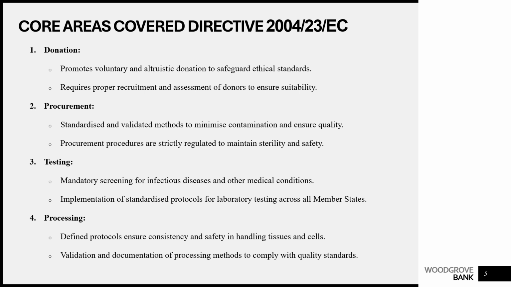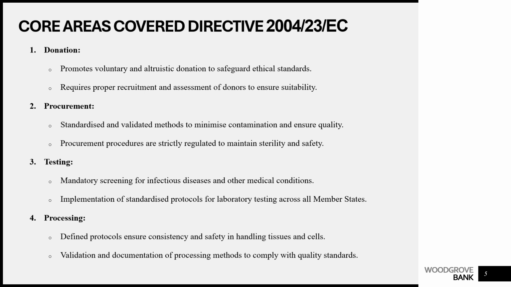So these are standardized and validated methods to obtain these samples in a way that minimizes contamination and ensures the quality of the material. And again, this also relates to having good processes in place for sterility and for safety. And then it also mandates testing, the screenings for infectious diseases and other medical conditions, and the implementation of protocols for testing laboratories across the member states.